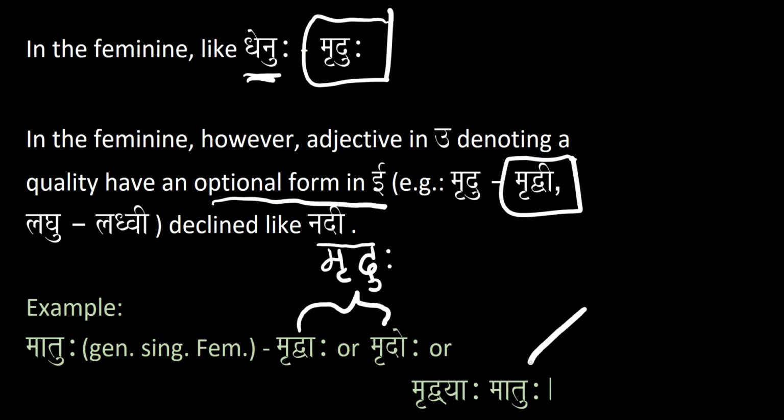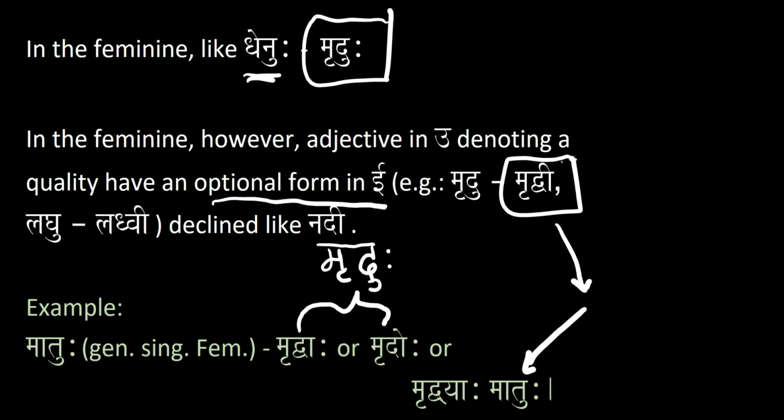Now this other option is when it is being declined using the optional form in long e, mridwi, like nadi. Nadi in the genitive singular is nadiyah. In the same way, we are going to transform mridwi into mridyah in the genitive singular.